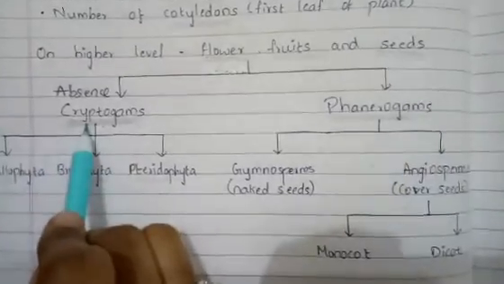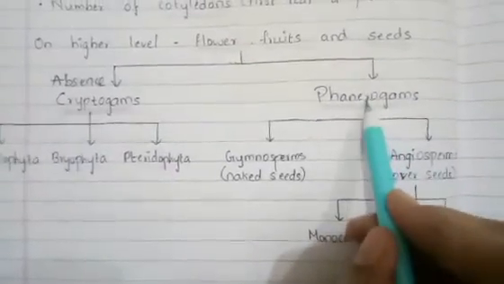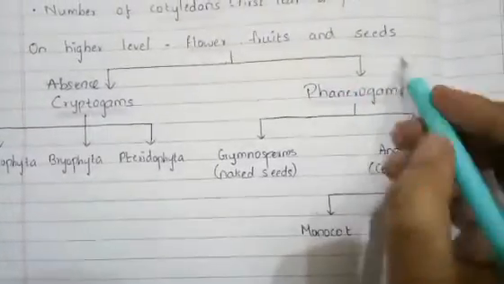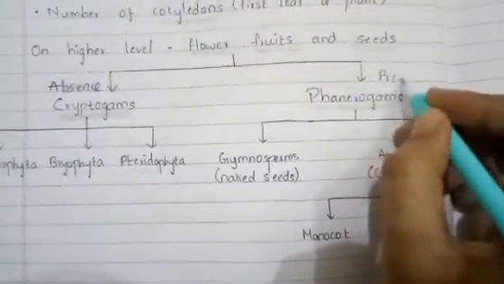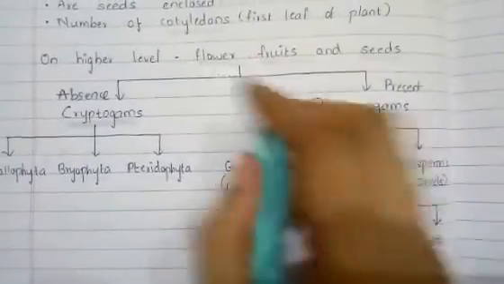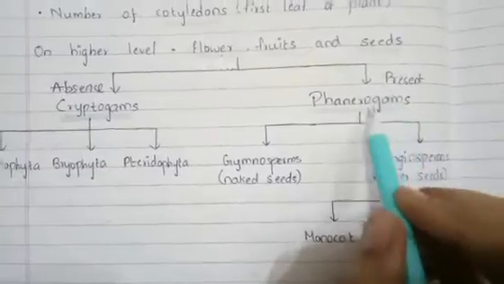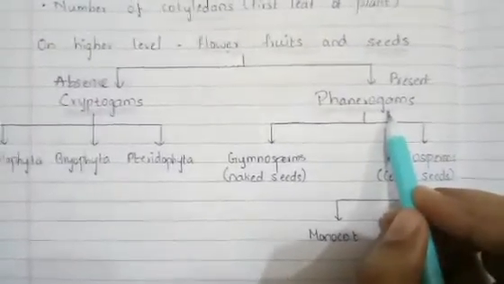They are called cryptogams. Now what are phanerogams? Phanerogams are the plants which have flowers and seeds. Flowers and seeds are present, so those plants will be called phanerogams.